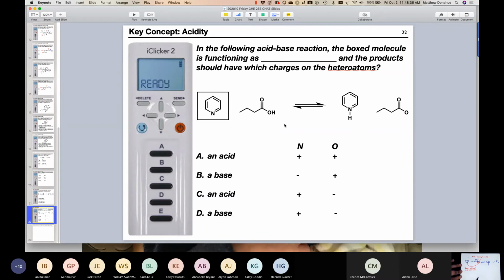So if oxygen had already had two lone pairs, it's now getting the third lone pair, so it's going to have a formal negative charge. And this hydrogen, the lone pair is now tied up in this bond, so it has a positive charge.